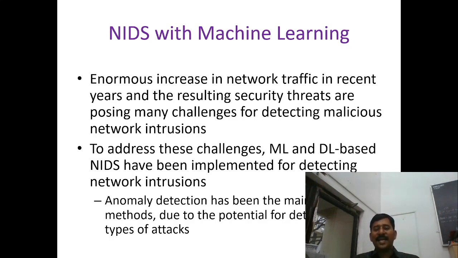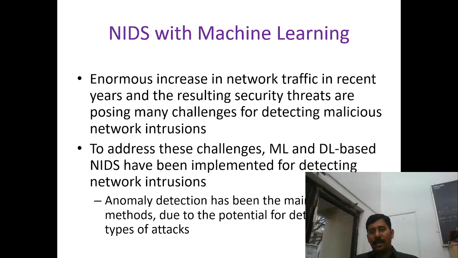To address these challenges, machine learning and deep learning based network intrusion detection systems have been implemented for detecting network intrusions. Just like we discussed about anomalies, anomaly detection has been the main focus of these ML and DL based NIDS methods due to the potential for detecting new types of attacks.